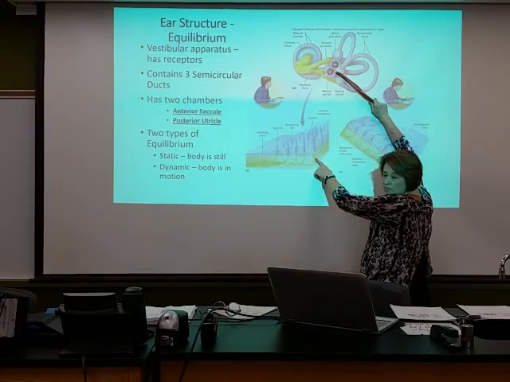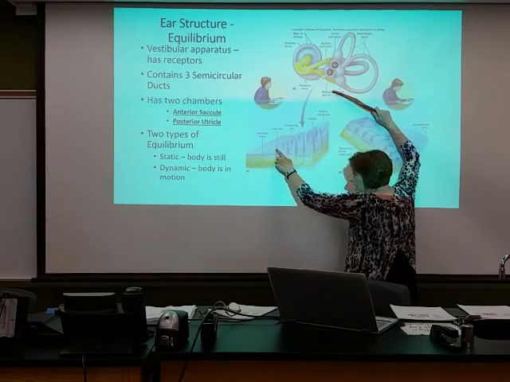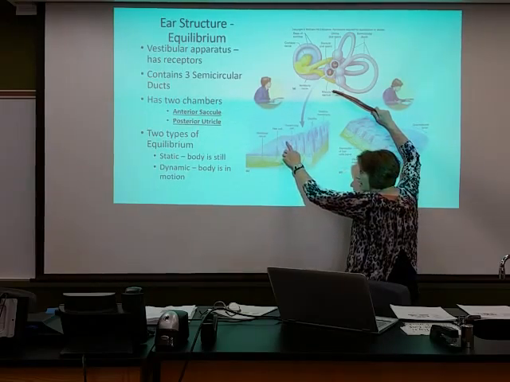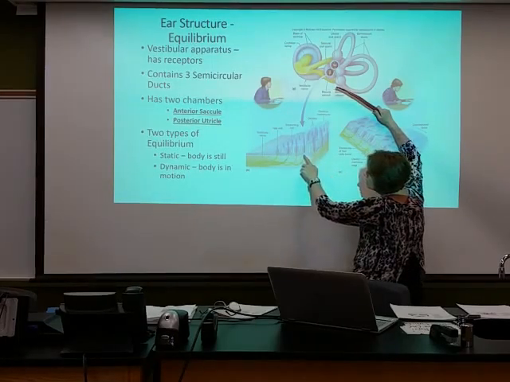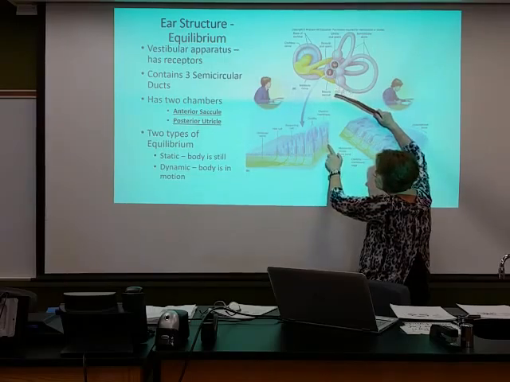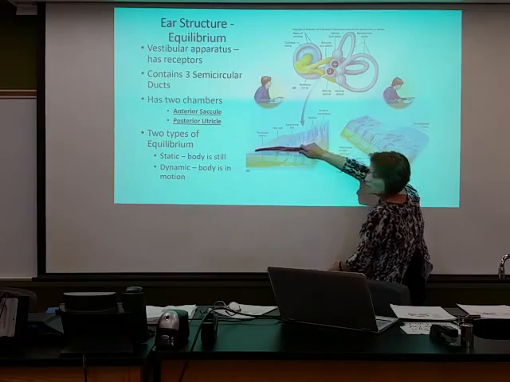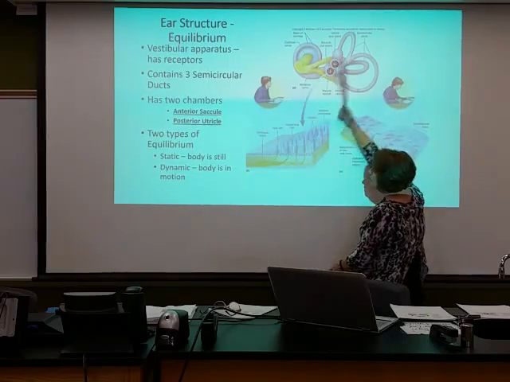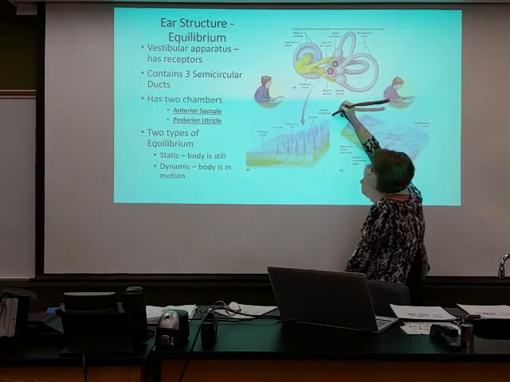Does everybody follow me? Once again, I have hair cells that are present, supporting cells that are around it. I've got this membrane over top. It's termed an otolithic membrane.